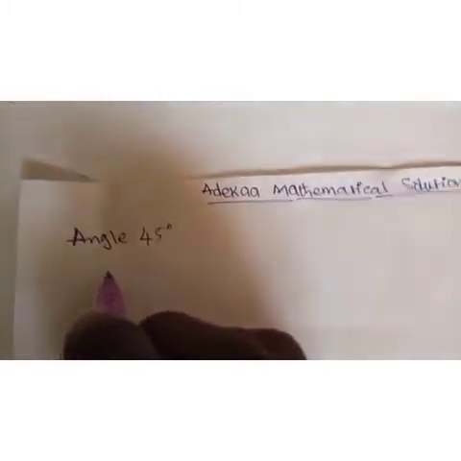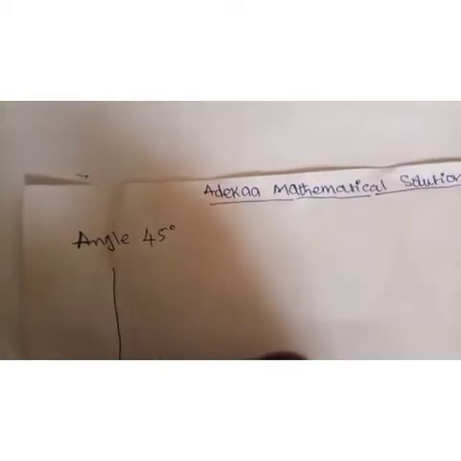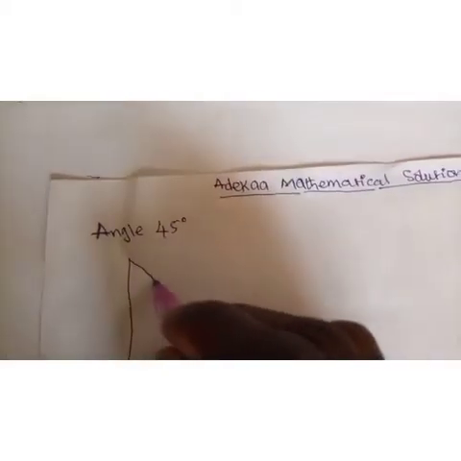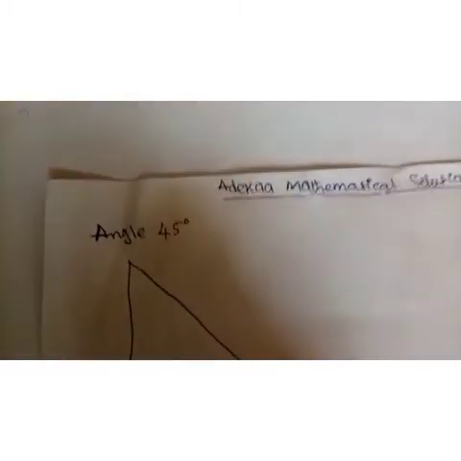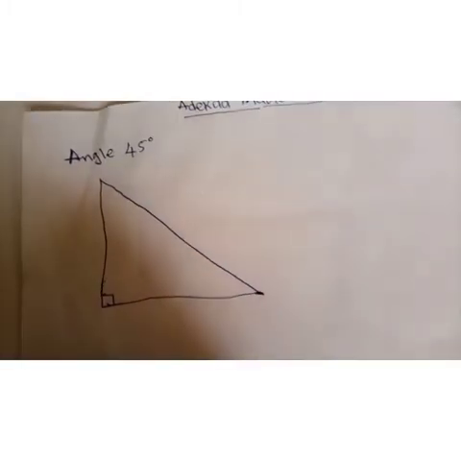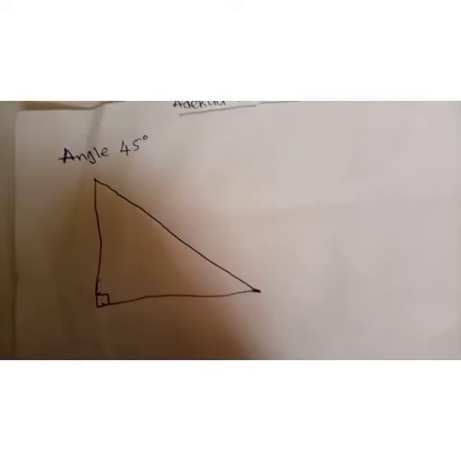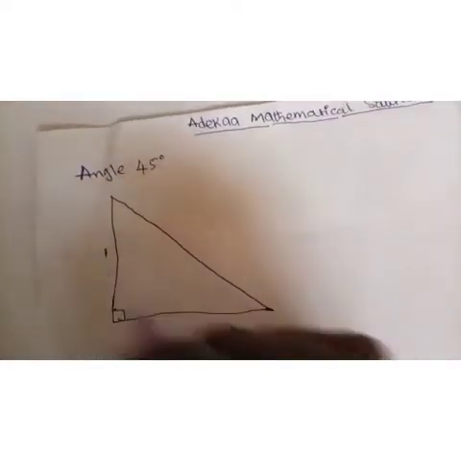Here we have what is known as an isosceles triangle. I'm using freehand, but when you're using a protractor, you know what I'm talking about. In the isosceles triangle, the two sides are equal.